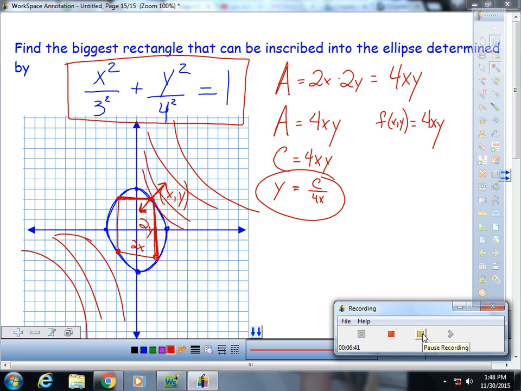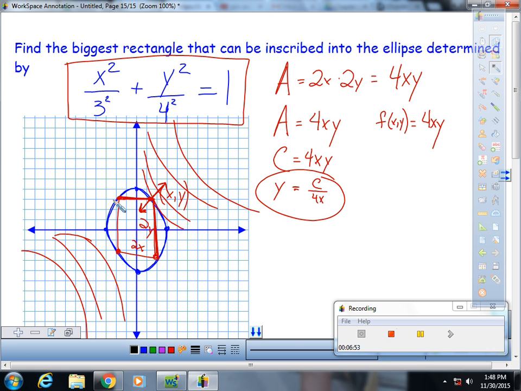Okay, so we just took a little pause. You'll see I circled this. This is my best attempt at explaining why this works, and I'm not great at this, okay? Our constraint equation in this is represented by our blue ellipse.